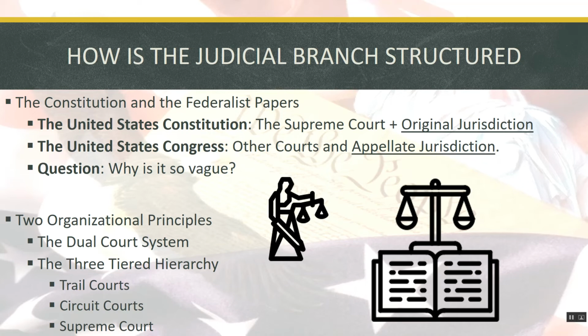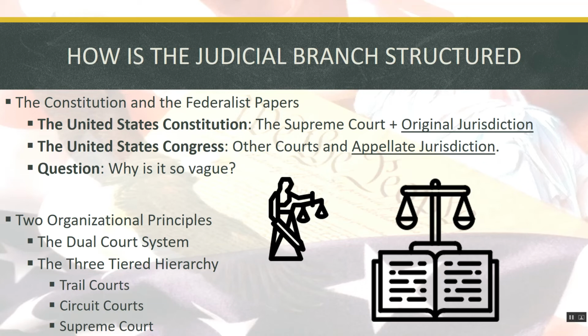In this case, the framers discussed the judicial branch in Article 3 of the Constitution, which I've asked you to read for this class. But if you've done your reading, what you're going to find is that while Article 3 does tell you a little bit about the judicial branch, it's actually really vague.